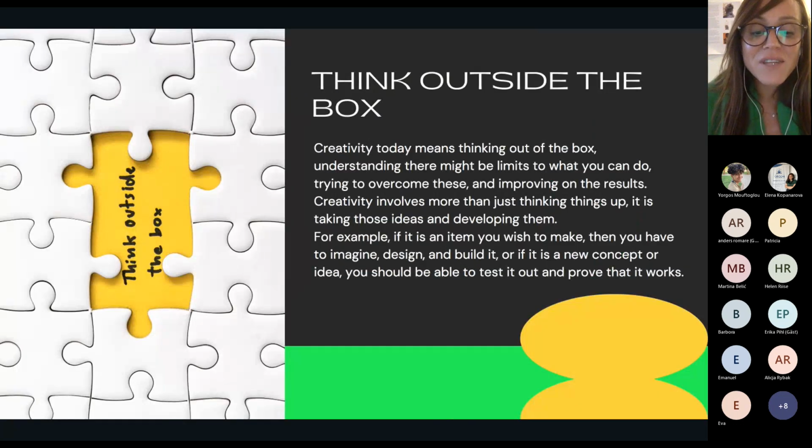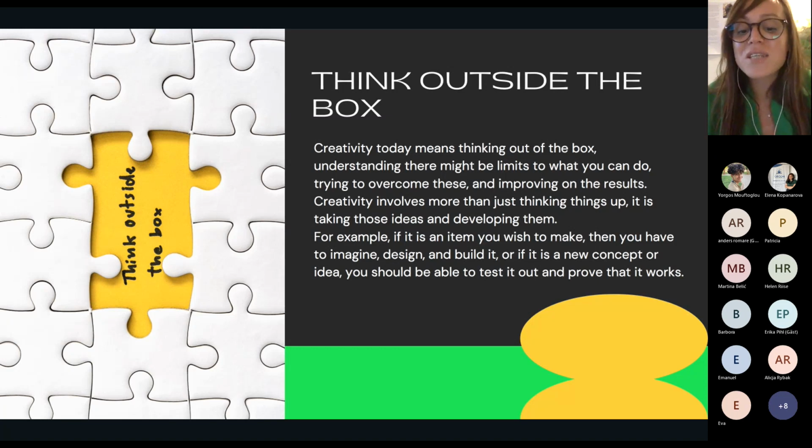The idea of creativity today means thinking outside the box, thinking imaginatively, using new ideas instead of traditional or already expected ideas. We can understand that there might be limits to what you can do, and creativity is also trying to overcome the border and improving the result that you can find.